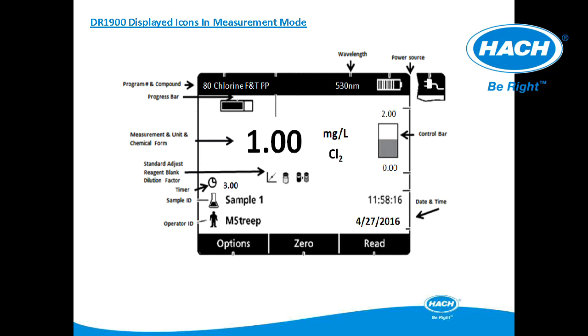Using the Advanced Options menu, a standard adjust, reagent blank, chemical form, or dilution factor can be entered. The icons are displayed on the measurement screen during the measurement and in the data file for easy recognition. The progress bar provides easy recognition of when the method and measurement is complete and results can be recorded.